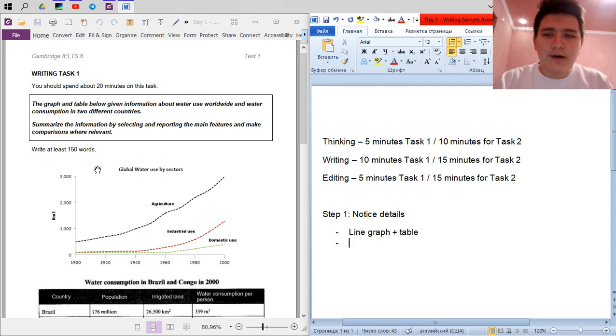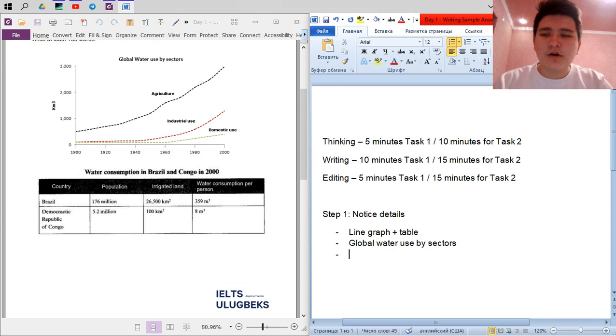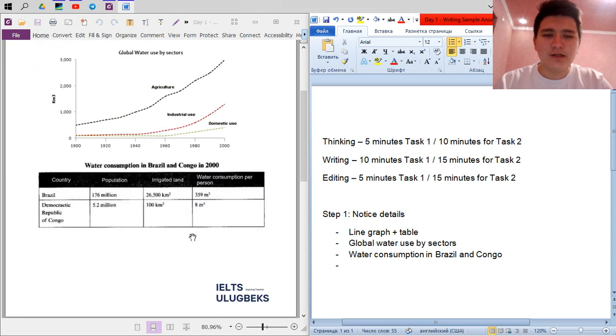It shows water usage, global water use by sectors. The line graph shows different sectors like agriculture, industrial use, and domestic use, and then water consumption in two different countries, a comparison of water consumption in Brazil and Congo, in the year 2000.